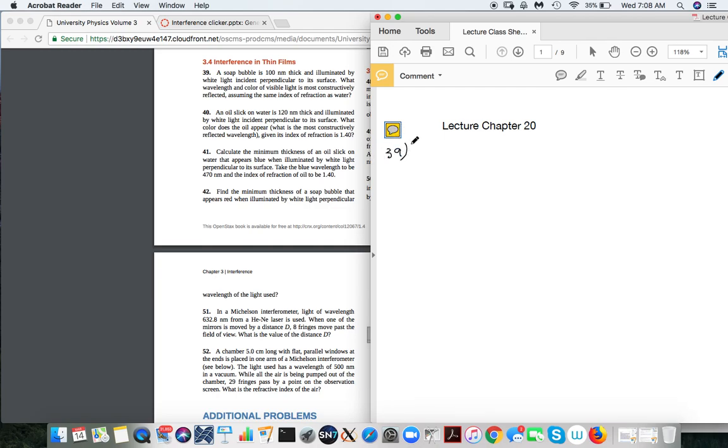So basically, when you have interference with films, there are two things you must remember. One is the film itself is supposed to be something very thin with respect to the other surface. And you have two regions of reflection.